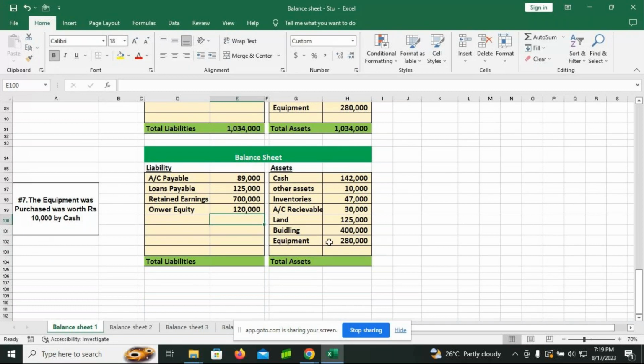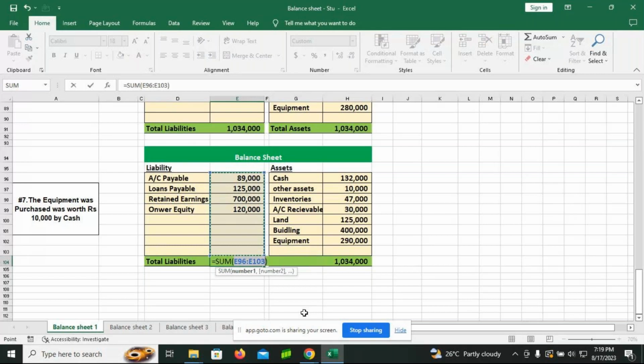So equipment I have bought, so here I need to add 10,000. First I have bought the equipment which cost 10,000 rupees. Now I have paid the amount by cash, so here I need to subtract 10,000. I am paying it. So here I'll come and do alt equals and alt equals.